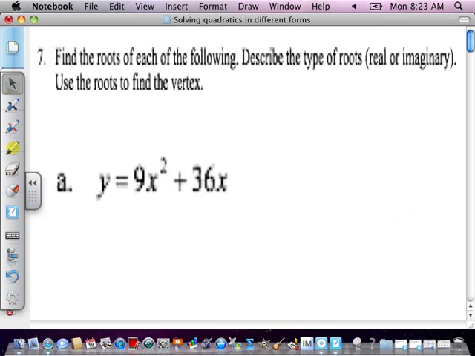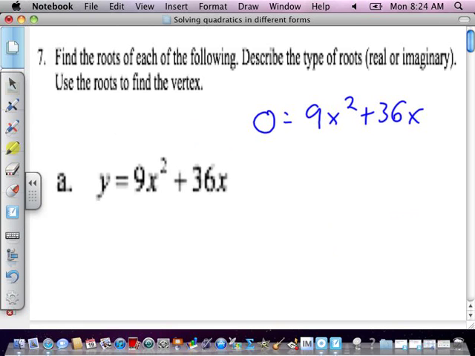All right. Let's look at A. We've got 9x squared plus 36x. The first thing I'm going to do is set it equal to 0. Okay, so this looks like the problem where I'm going to factor, but factor a little bit differently.